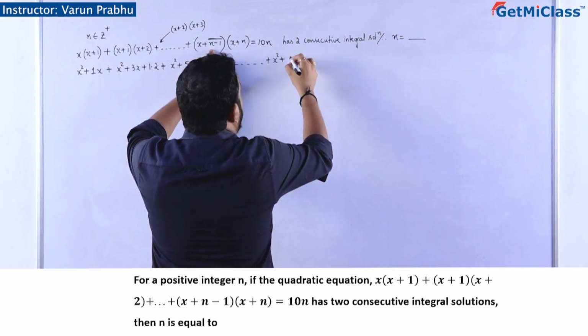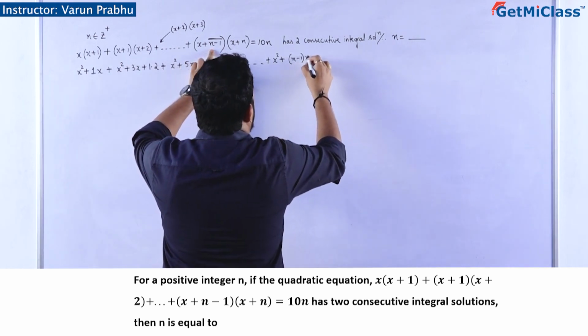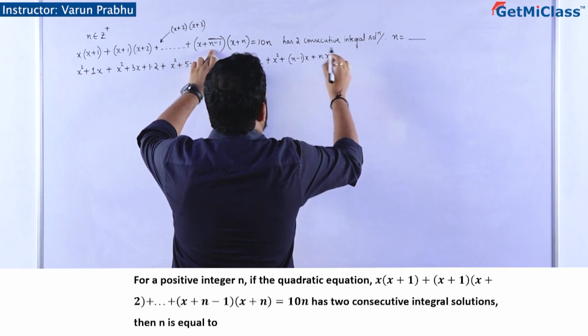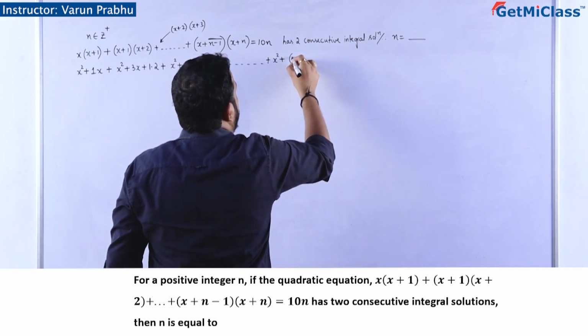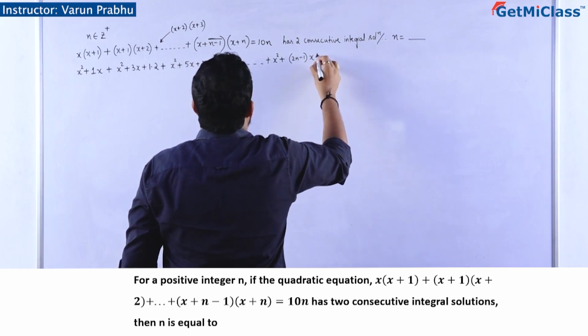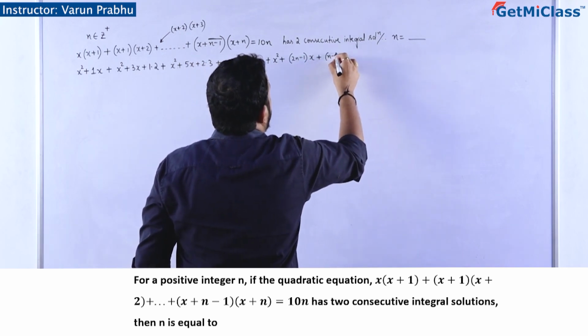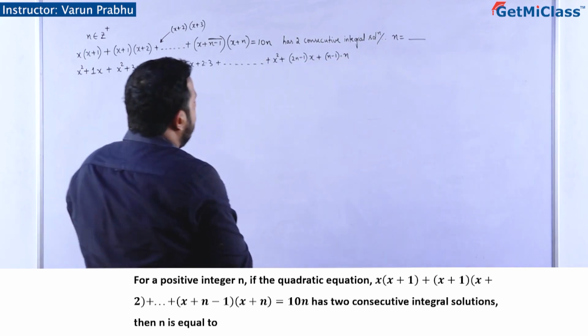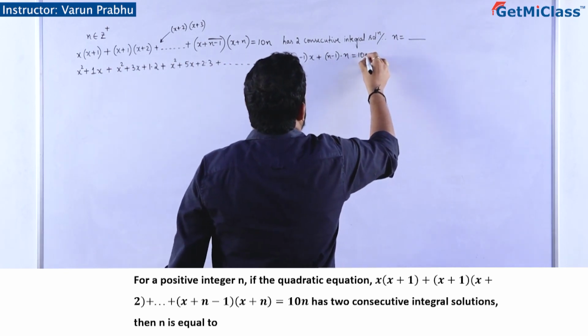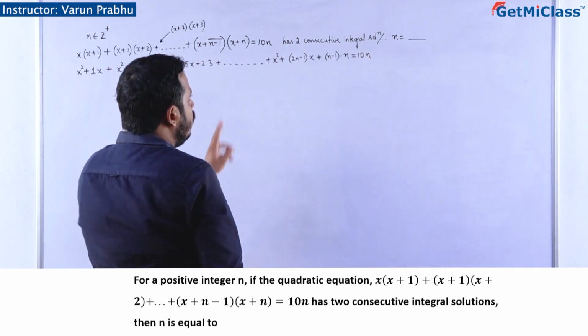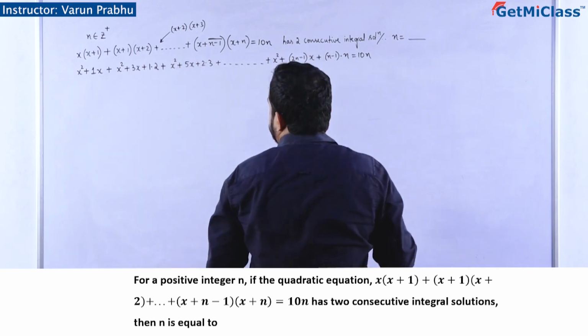So I can write this part as n minus 1 into x plus n into x, which is nothing but basically 2n minus 1 into x. I'll write like this: 2n minus 1 times x plus n minus 1 times n. Is it okay? N minus 1 times n. That is equal to 10n. Has two consecutive integral solutions.